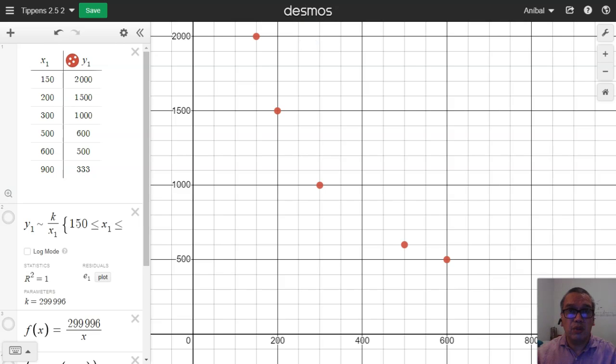Indeed, as we move to the right, increasing the frequency, the points have a lower value for wavelength. The graph that corresponds to this is not a straight line, of course, but a curve, as we can see here.